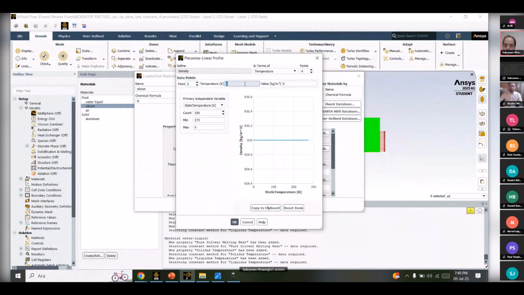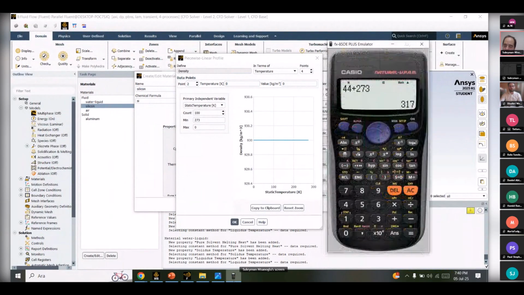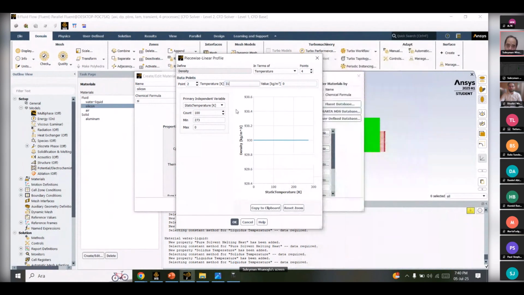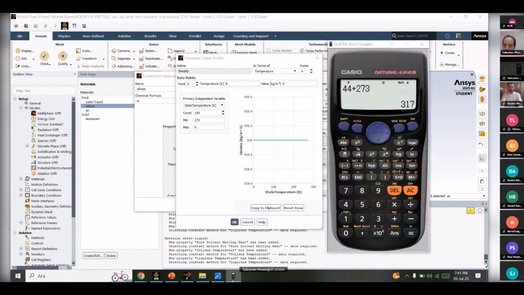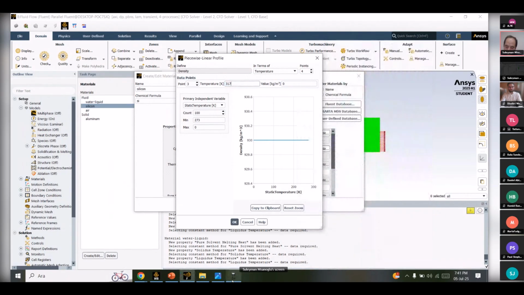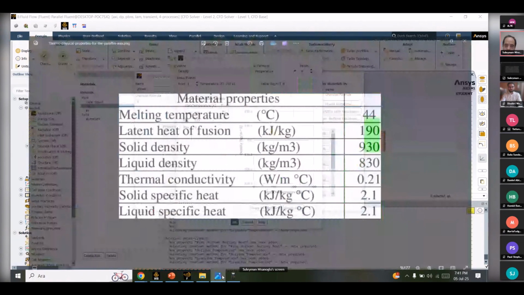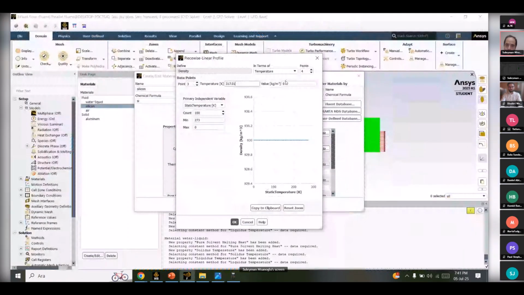Point 2 is fast change temperature. Maybe we can write that 930 is same value. And point 3 is, comma 0.1, now phase is liquid, 830.